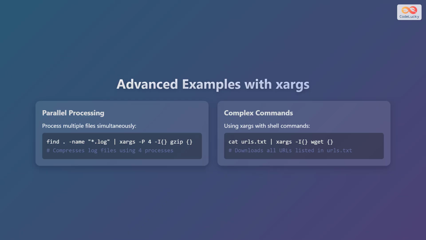Another example is using xargs with shell commands. To download all the URLs listed in a file named urls.txt, you can use cat urls.txt | xargs -I {} wget {}. This command downloads each URL listed in the file.